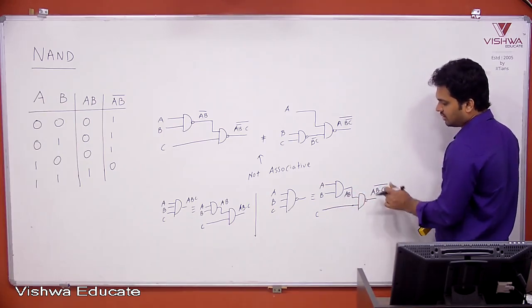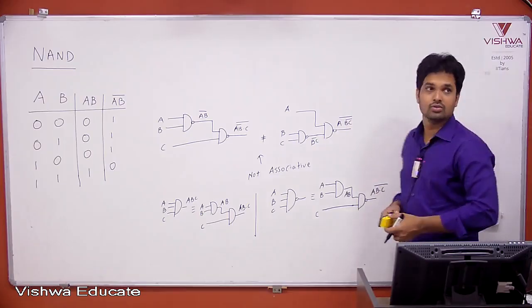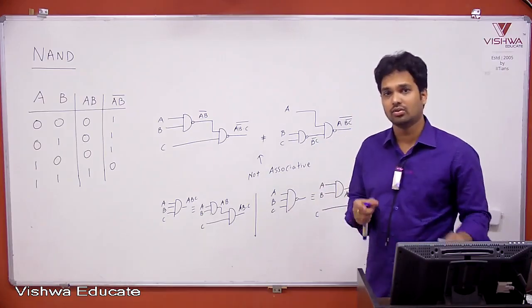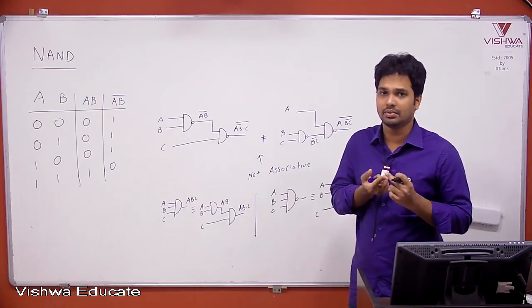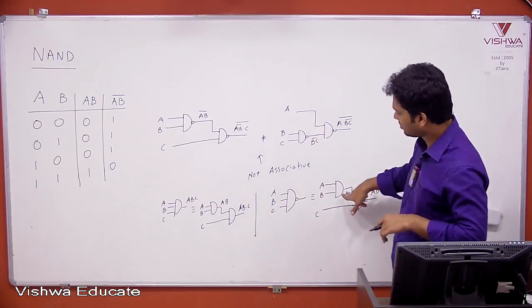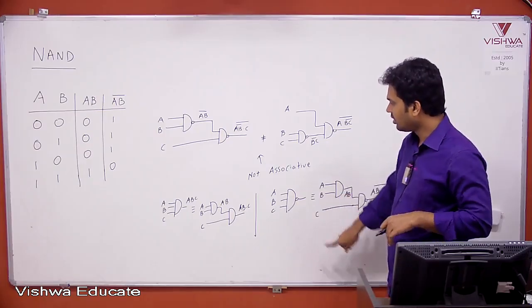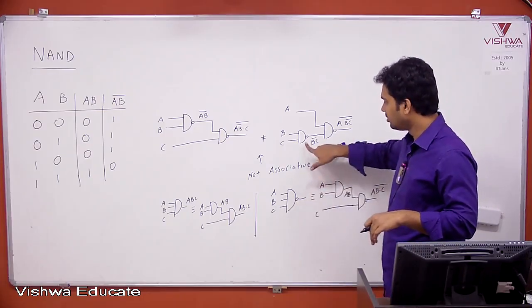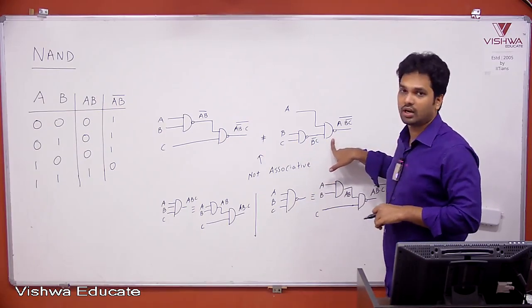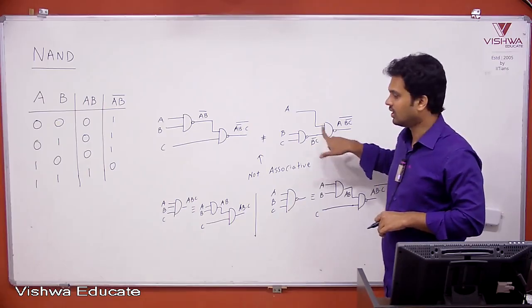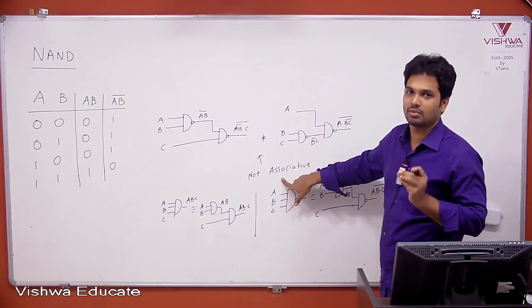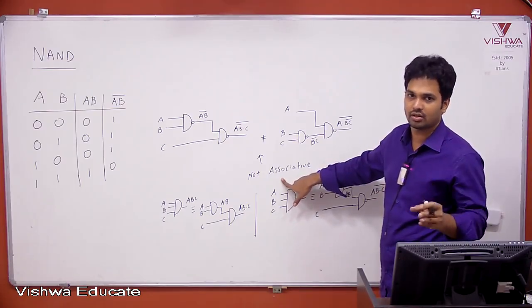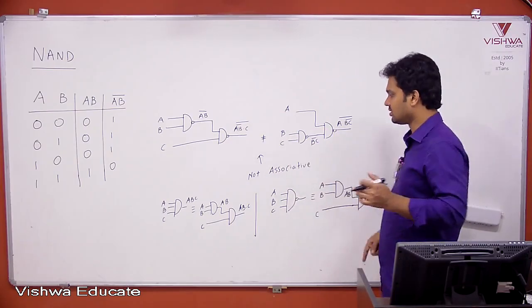So this is the way to make a 3 input NAND gate. So a 3 input NAND gate can be made with 2 gates, but one should be an AND gate, one should be a NAND gate. You can make this AND gate also with a NAND gate, I will show you, but you cannot make a 3 input gate with 2 input NAND gates. That is the important point. NAND does not follow the associative property. The same logic is applicable for NOR also. I'll explain that NOR next. Okay, copy this first.